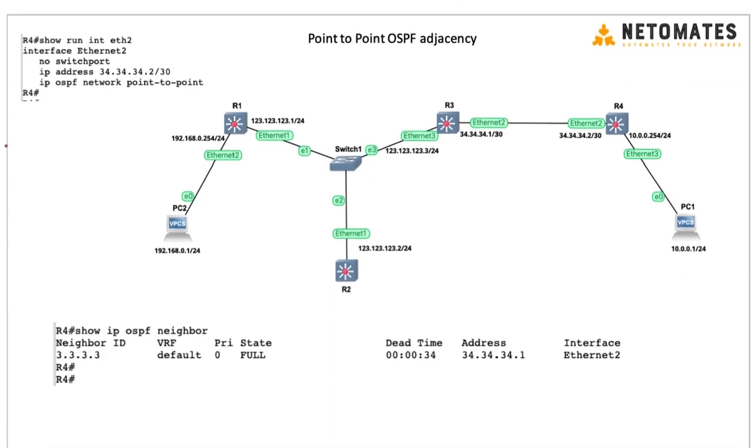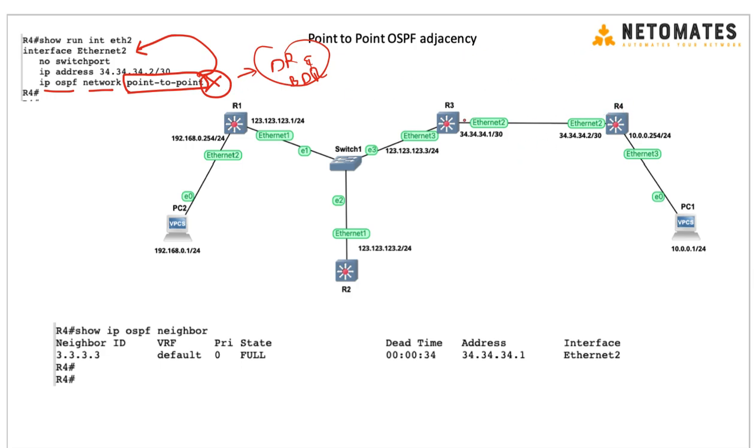To configure a point to point link, we need to specify the command ip ospf network point-to-point, and this configuration is under the interface, not under the router ospf configuration. If you don't provide this command, the router will automatically do the DR and BDR process. It will select one router as DR and another as BDR.